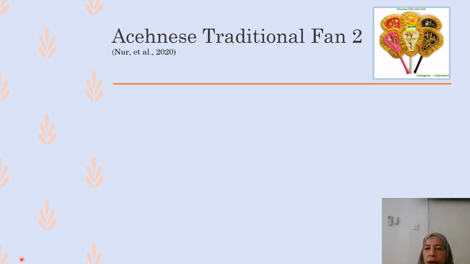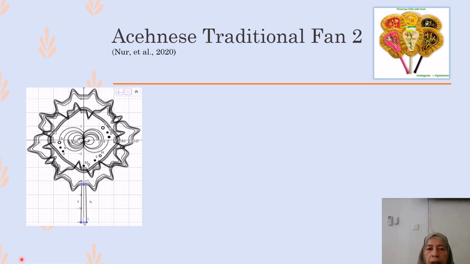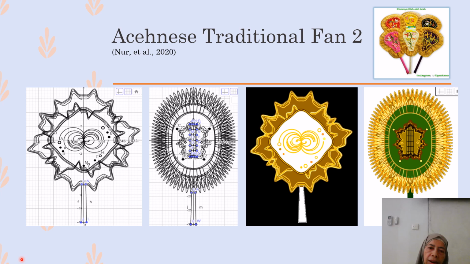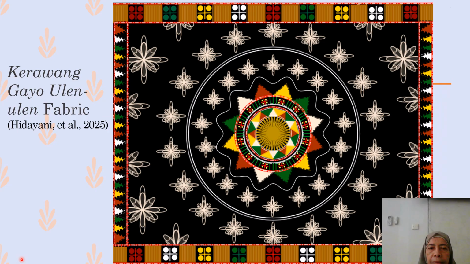And students also want more contemporary shapes, so they arrange it again to get the contemporary shapes. And the last one is what we call fabric. Kerawang Gayo Ulen-ulen is a traditional term for this kind of sheet.